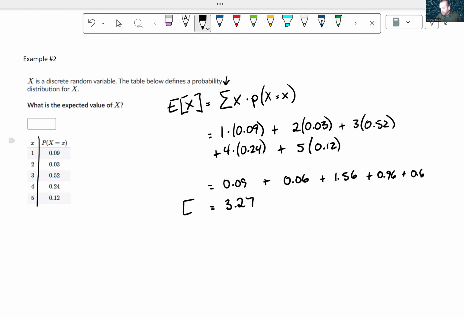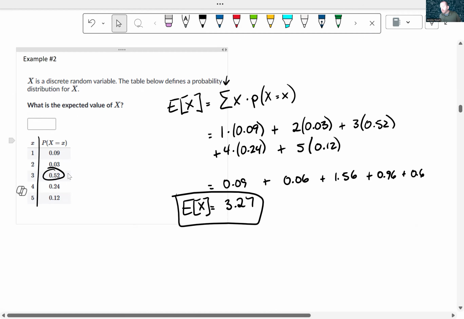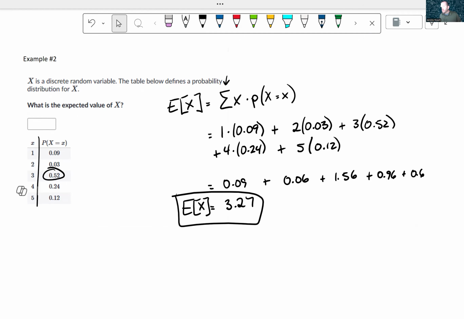So that's our expected value for X. If we roll this, we would expect to get, I would say, a 3 or a 4 if we did this over and over again. And we can see very clearly that we have over a 50% chance of getting a 3, so that definitely falls in line with our given probability in our table. But that's how you calculate the expected value for this.